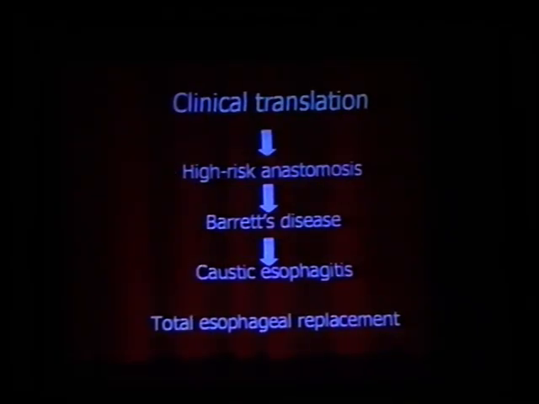So our clinical translation strategy, basically our commercialization strategy on this, is a little different than we did with SIS. What we're going to do is take a high-risk anastomotic procedure, allow them to continue to do that, advance to the treatment of Barrett's esophagus, which is a pre-neoplastic condition, go to things like esophageal cancer and caustic esophagitis, and we're thinking it's going to take 6 to 8 years.